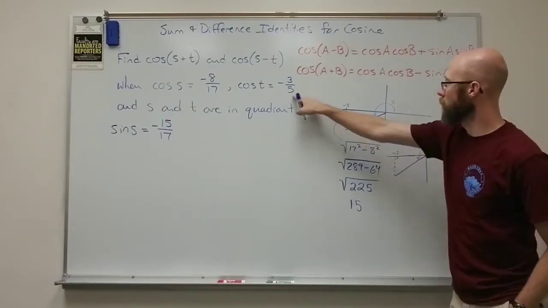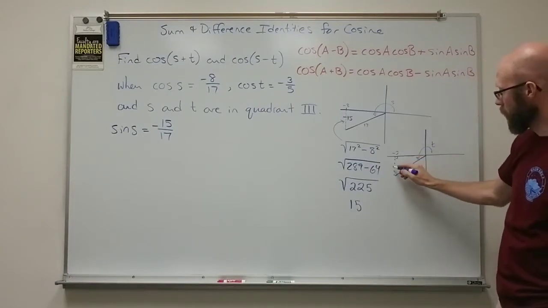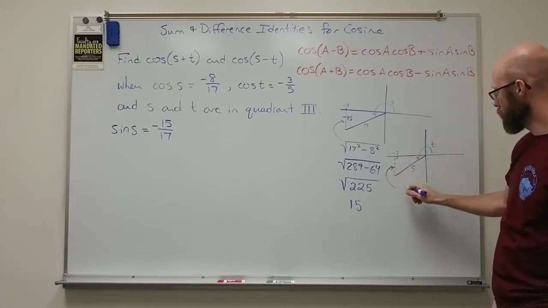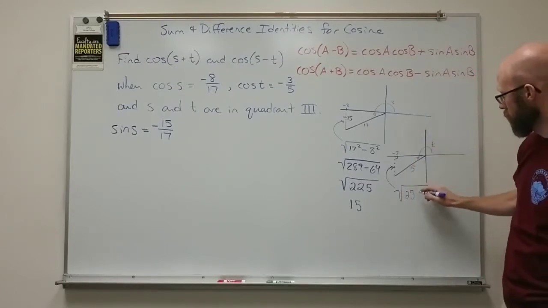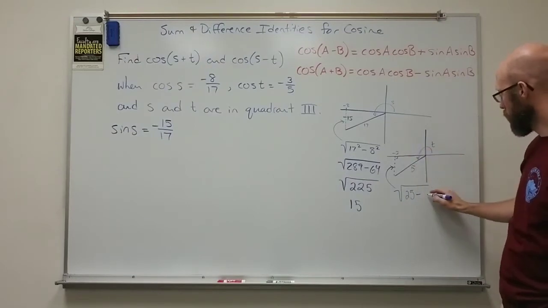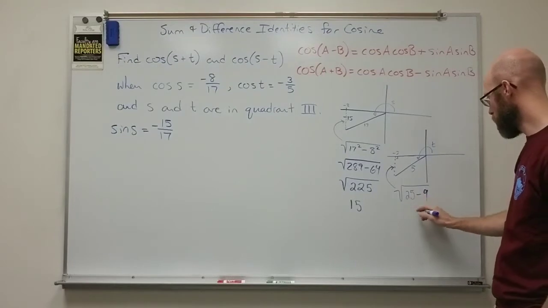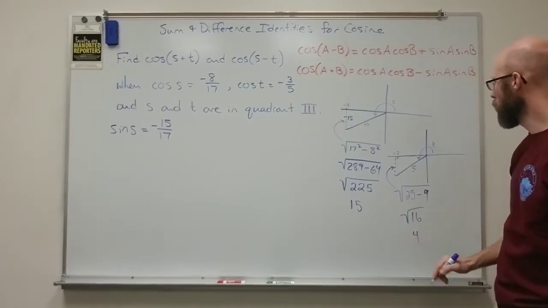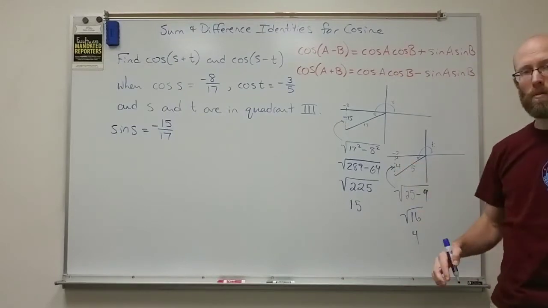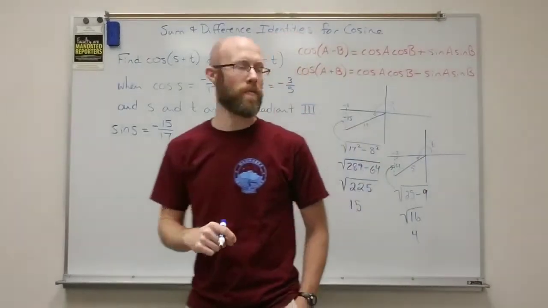The hypotenuse is 5, and so I can again find the vertical side by taking the square root of the square of the hypotenuse minus the square of that leg, which is 9, okay? And in that case, 25 minus 9 is 16, square root of 16 is 4, so that gives us a 4 on that side, but again, it's negative because that's a y value in the third quadrant.